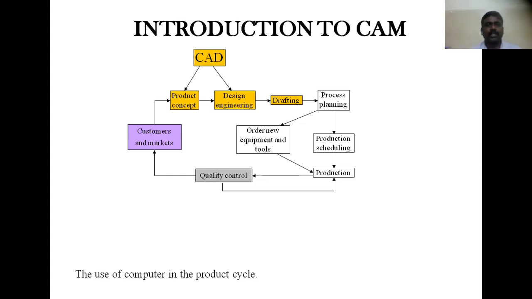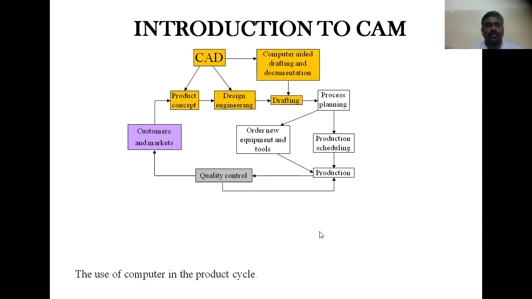Whatever areas there are in the design stream are being integrated with computer aided systems. The product concept and design engineering come under CAD, and the drafting is also prepared with the help of computerized plotters and printers.